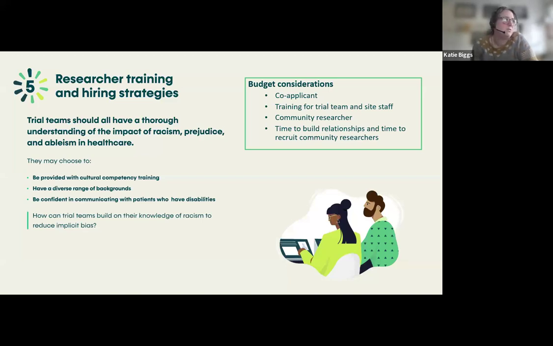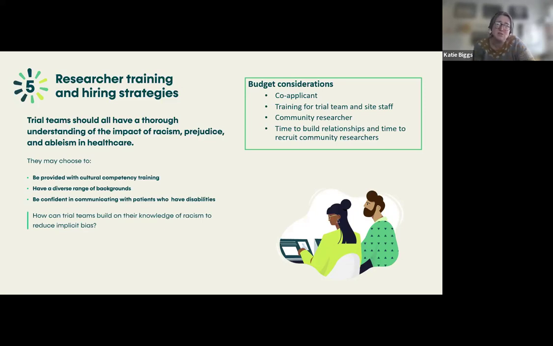But further than that, we don't often have the ability to diversify our teams in terms of other demographics because of the expertise. So we suggest that you provide training to all your staff, which is relevant to underserved groups that might be important to your trial. This could be cultural competency or training around disability and neurodiversity.